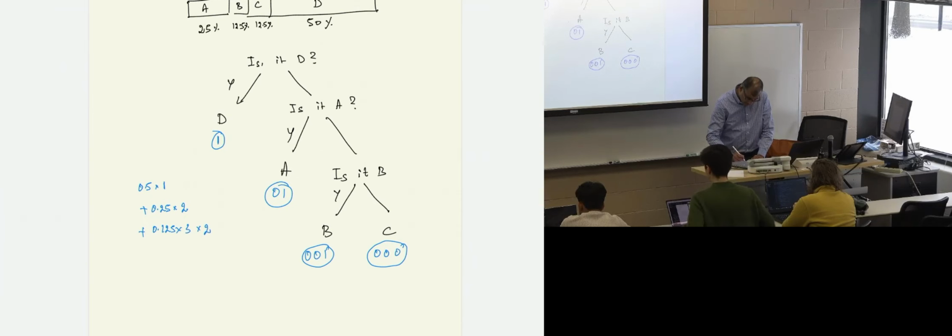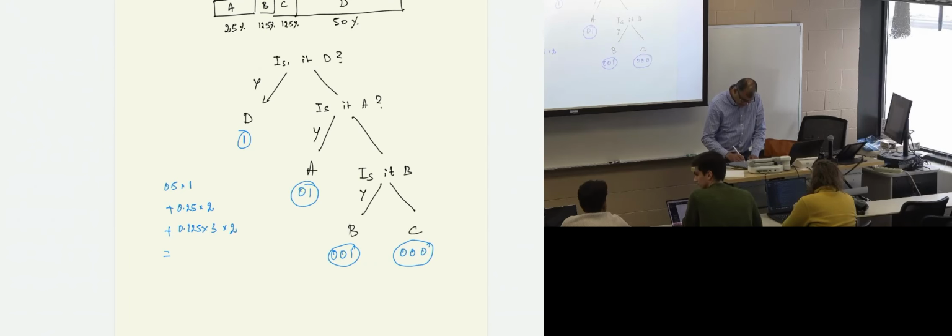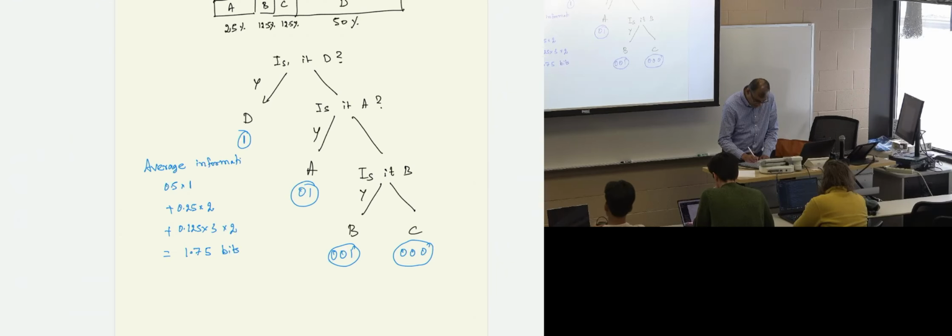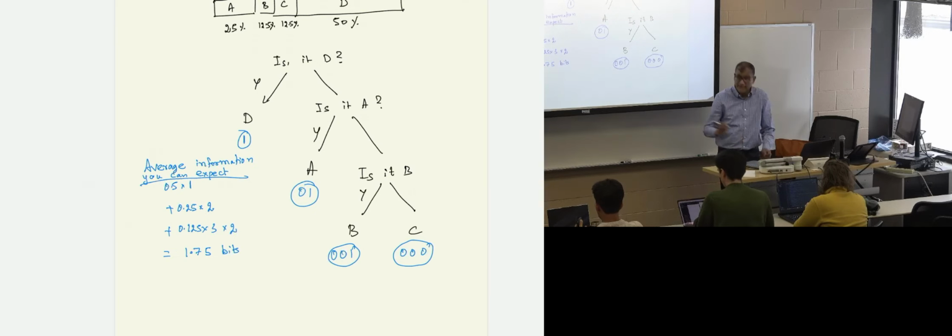So this is 1 plus what is 6 into 0.125? 0.75, right? So that's basically 1.75 bits. Okay, so this is the average information you can expect from, in this case, the weather station, is 1.75 bits.